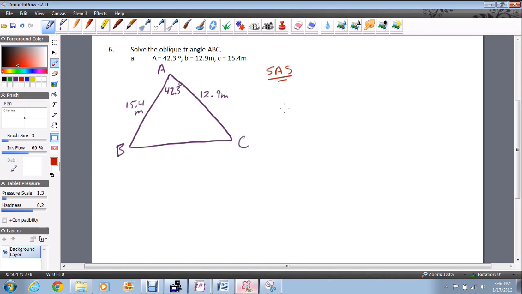So what we need to do first is use the law of cosines to figure out the side opposite of the angle that we're given. So we're going to start off by figuring out what this side is here. So I'm going to write down use law of cosines.